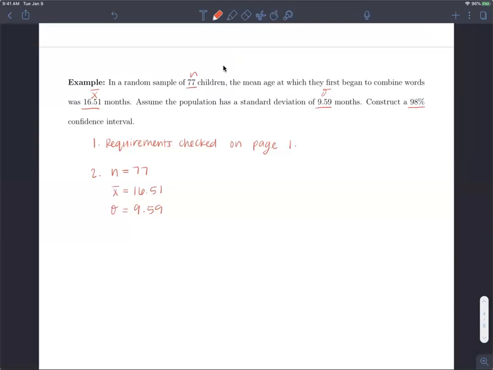Yeah, this is going to be C, but when I use it, I'm going to use 0.98, like when I draw out my picture and when I put it into my calculator, although you don't ever put C into your calculator. So if I draw this out, I have negative Z sub C here, Z sub C here, and then this is 0.98.